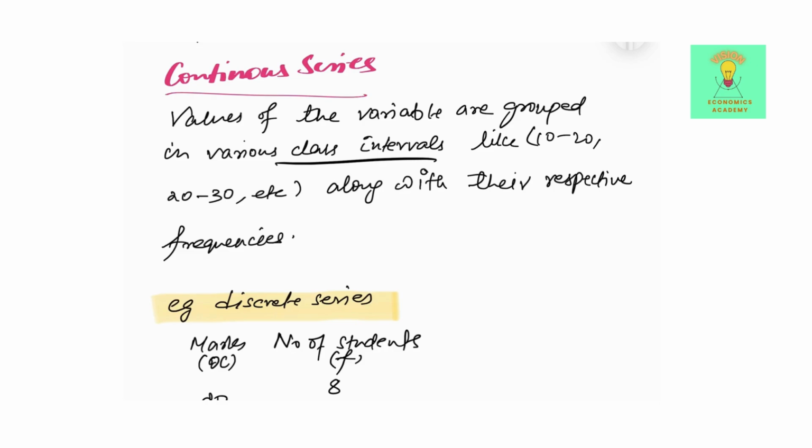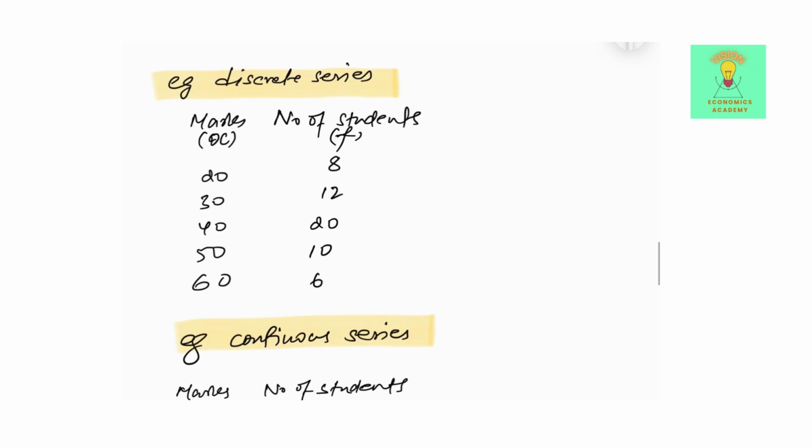All right. So for example, the discrete series example is marks, that is 20, 30, 40, 50, 60. And as I've said, there is some exactness, right? So there are frequencies over here.